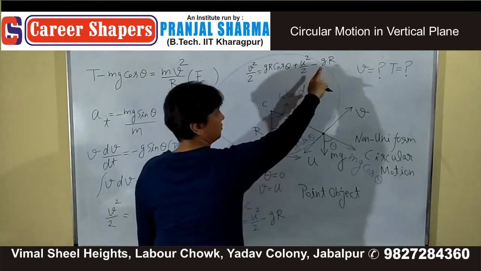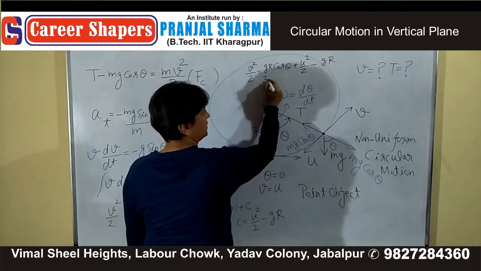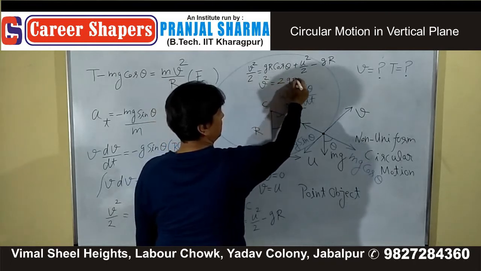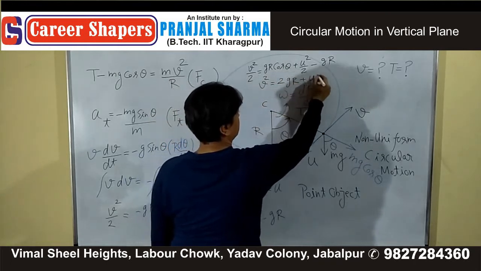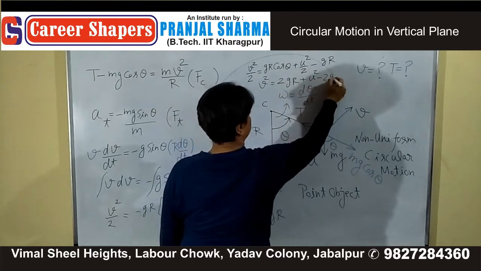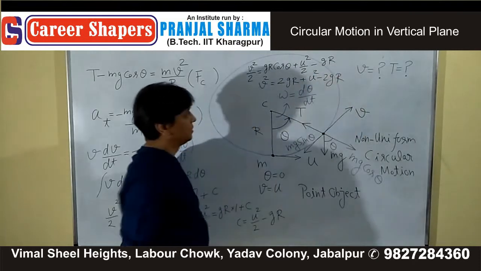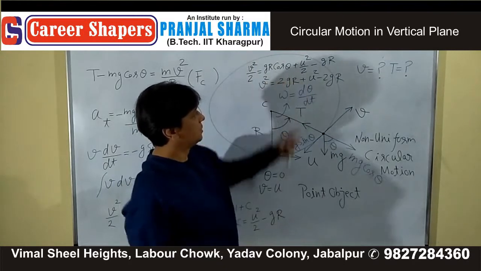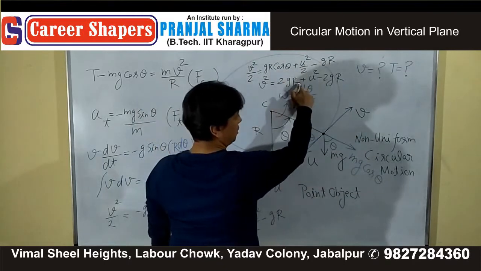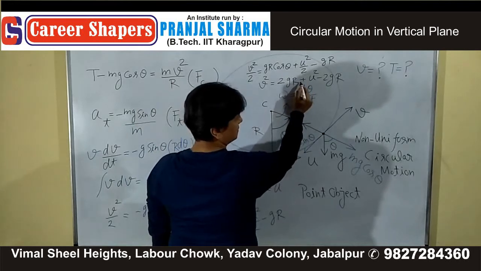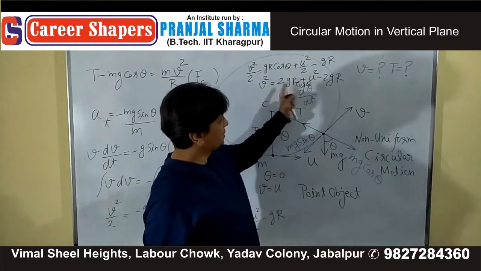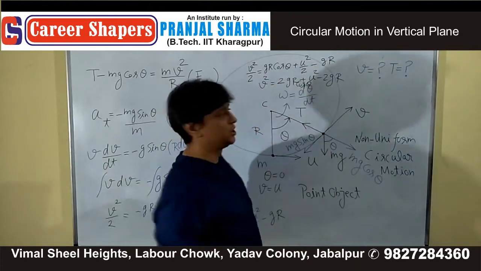Multiply 2, it becomes v square equals 2gr cos theta plus u square minus 2gr.